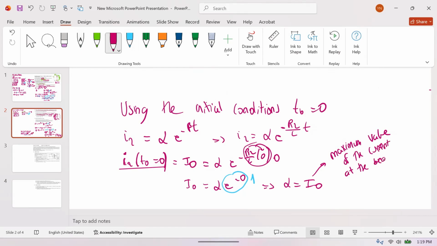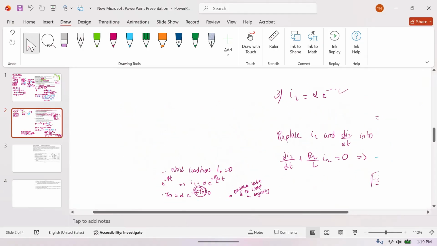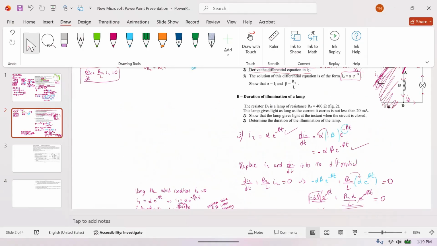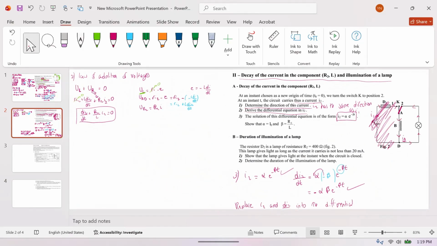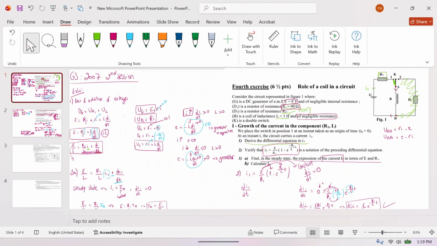And which experiment do I mean? I don't mean when I started charging or when I started applying a current when I connected the generator to the coil. I mean maximum value of the current at the beginning of the second experiment when I cut the generator. Because if you notice in the questions here, in the first part, I have the growth of the current.